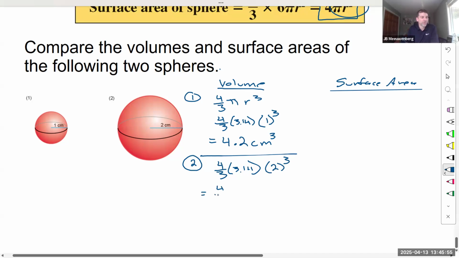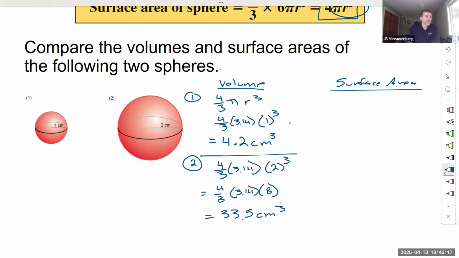So this is equal to 4/3 times 3.14 times 8, and that is about 33.5 cubic centimeters.